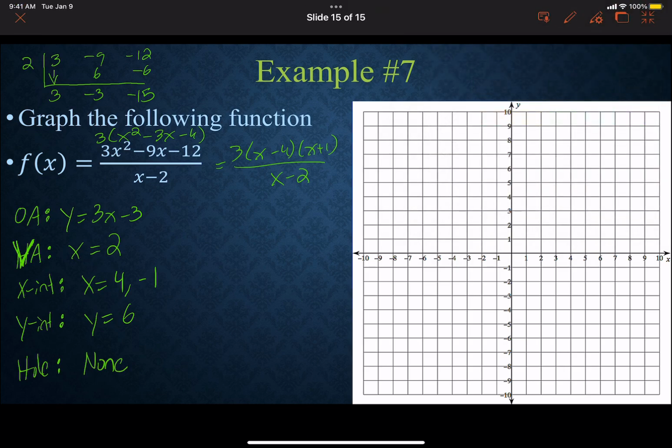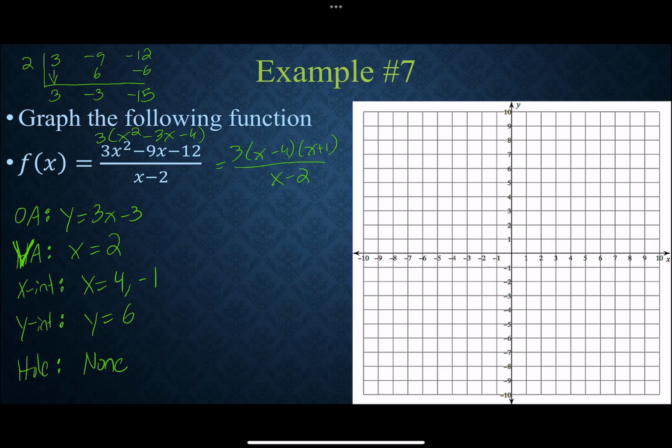Now I'm going to do the oblique asymptote last because it's going to be a little interesting to plot that one out. So we can see our vertical asymptote occurring at 2. X-intercepts at 4 and negative 1. Y-intercept at 6. Now, the oblique asymptote is just going to be the dotted line that goes through the equation y equals 3x minus 3.